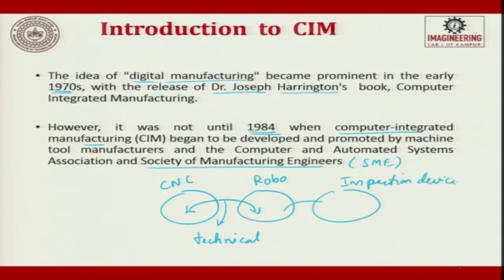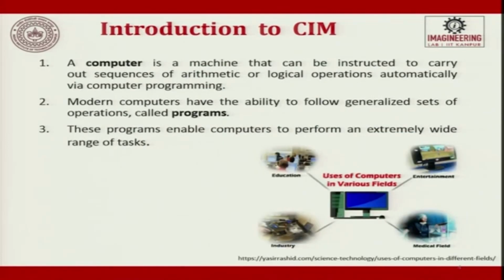They all had different hardware, different operating systems. They were not able to communicate with each other. Today, they all have understood that until and unless we bridge everybody, we will not succeed. Today, we have a standard backbone platform wherein CNC can talk, robot can talk and inspection devices can talk. So, that is computer integrated manufacturing.